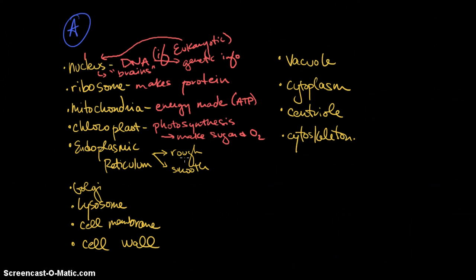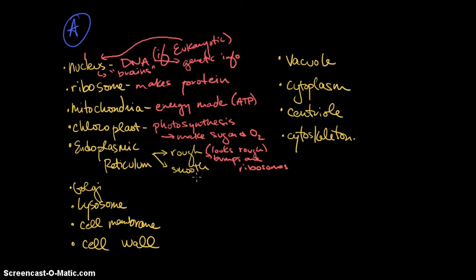The endoplasmic reticulum has two components. There's the rough and the smooth ER. The rough ER, it looks rough because there's lots and lots of bumps, but those bumps are ribosomes. And remember, ribosomes make protein. So at the rough endoplasmic reticulum, lots and lots of protein is being made.